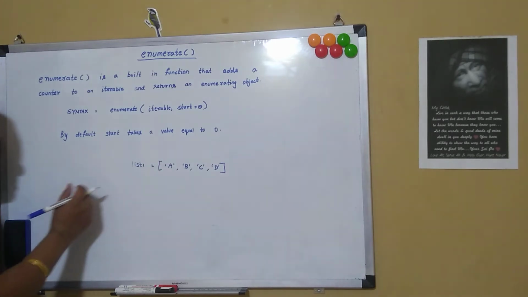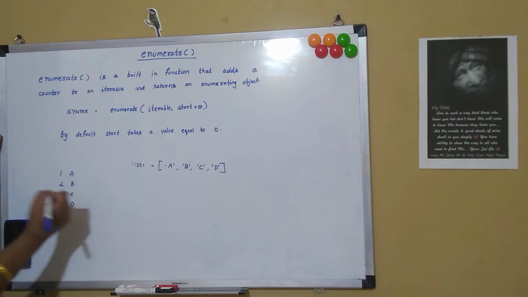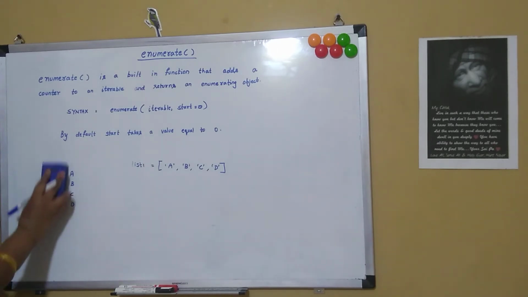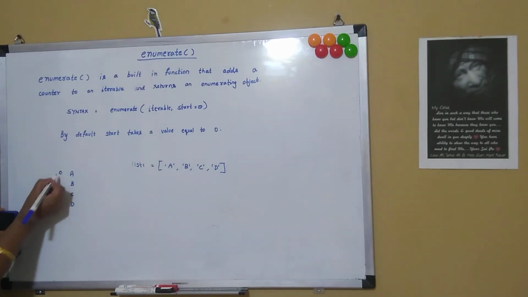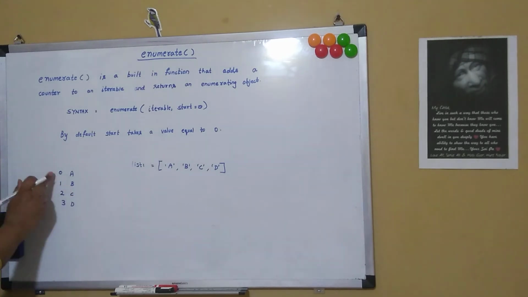Say 1 is for A, 2 is for B, 3 is for C, 4 is for D. Or let me take 0 is for A, 1 is for B, 2 is for C, 3 is for D. So I want to know for the first iteration what is the value, for the second iteration what is the value, for the 0th iteration what is the value.